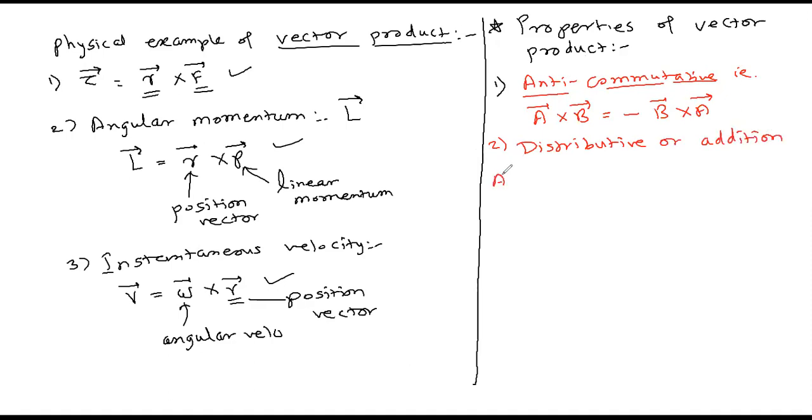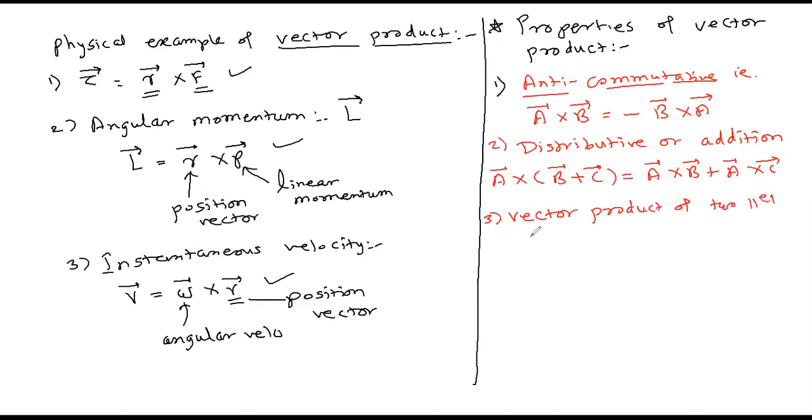That is, vector A cross (B plus C) is equal to A cross B plus vector A cross vector C. The third point is that the vector product of two parallel and anti-parallel vectors is a null vector.